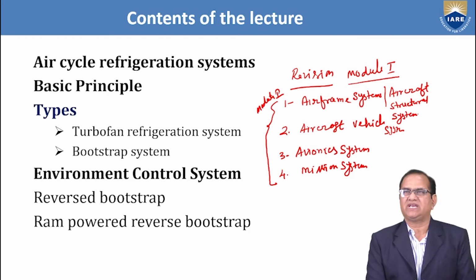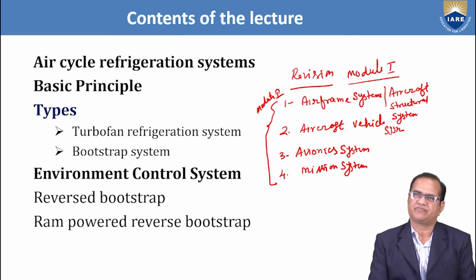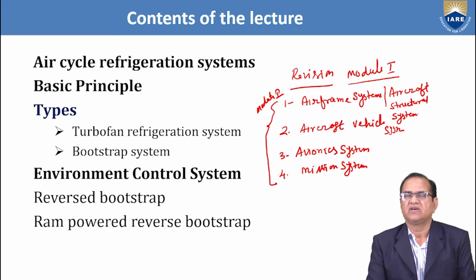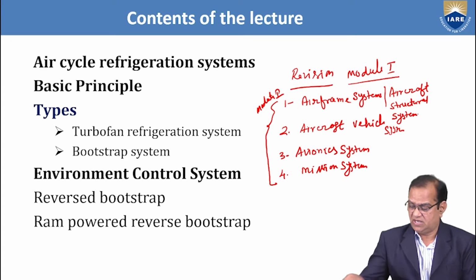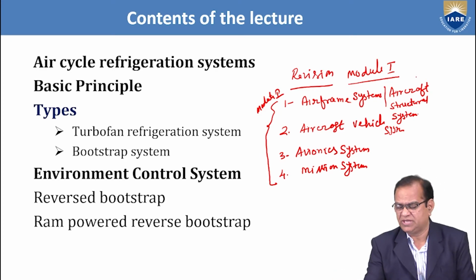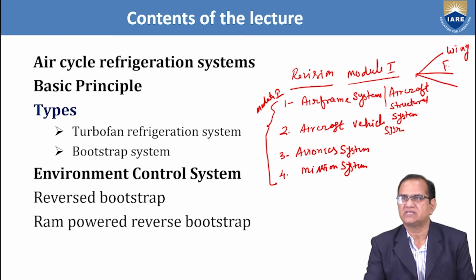So you can see here that in the airframe system or aircraft structural system, we can have 3 major things. First is the wing, another is fuselage, third one is the empennage.